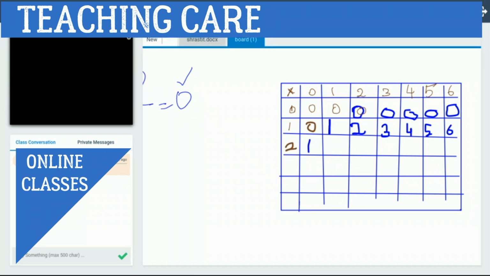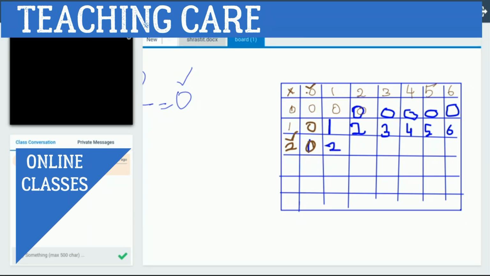So, 2 times 0 is 0. No, Srashti, 2 times 0 is 0. First, you have to start with this. Okay? 2 times 1 is? Yes. 2 times 1 is 2. 2 ones are 2, right?